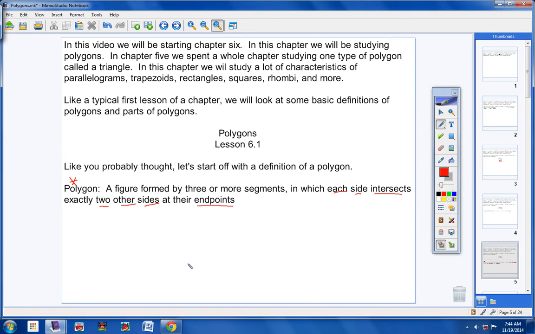Okay, I'll pause while you write this down. A figure formed by three or more segments in which each side intersects exactly two other sides at their endpoints. Okay, copy this down, please.